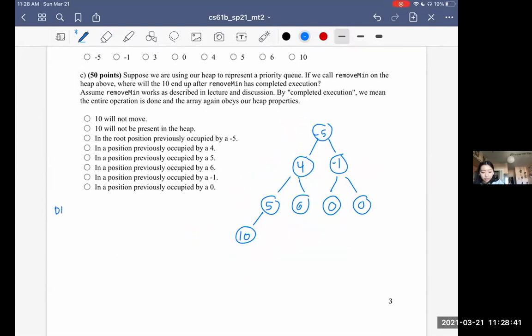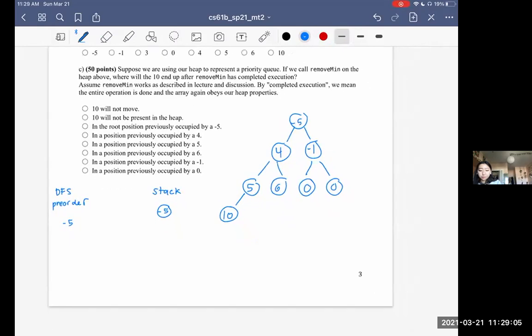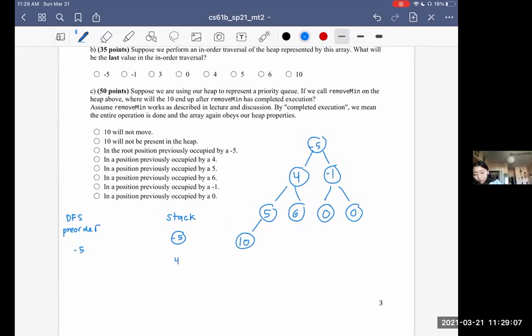So I'm going to say the DFS pre-order, I'll write here, and the stack, I'll write here. And so we see, okay, we put -5 on the stack, and then we pop it off the stack, and so it's been visited. And while we're popping it and looking closer at -5, we see it has some children, 4 and -1. And so we will go visit 4 and -1.